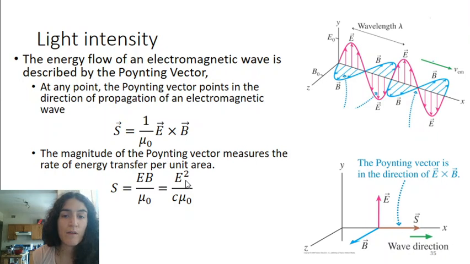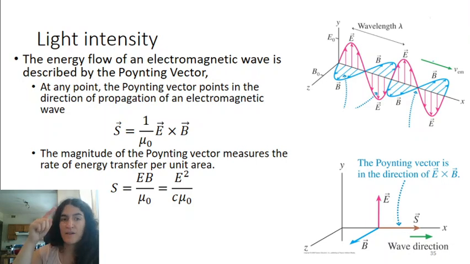right? So this just shows me that I could write the magnitude of the Poynting vector just in terms of electric field squared. Right? So notice what's happening over time is that the magnitude of the electric field oscillates, and so sometimes it's very big, sometimes it's very small. Sometimes it's positive, sometimes it's negative, right? But in terms of electric field squared, we could talk about that being related to the magnitude.